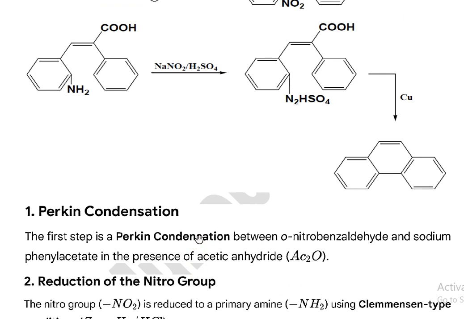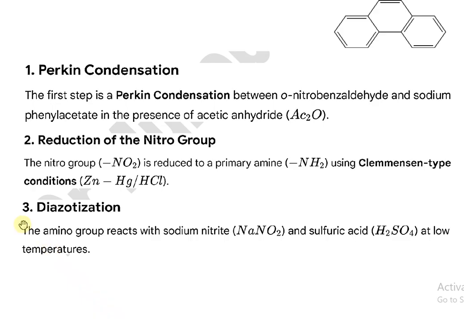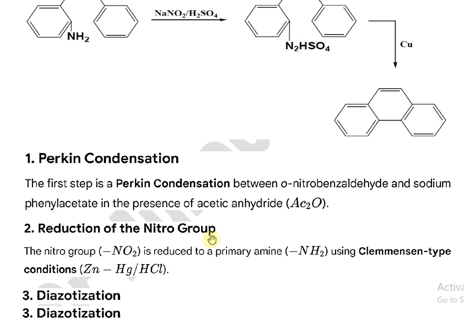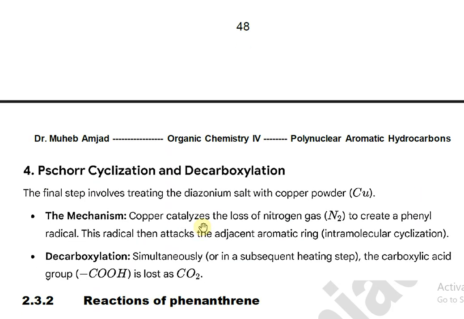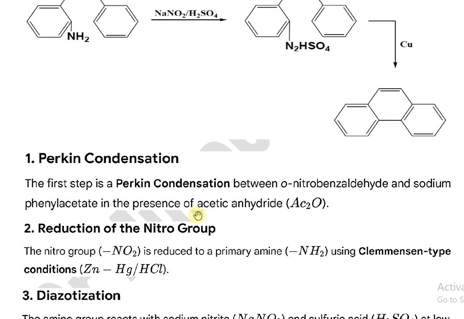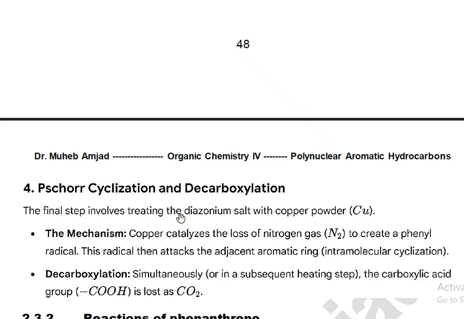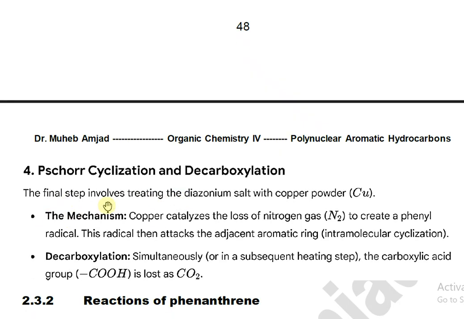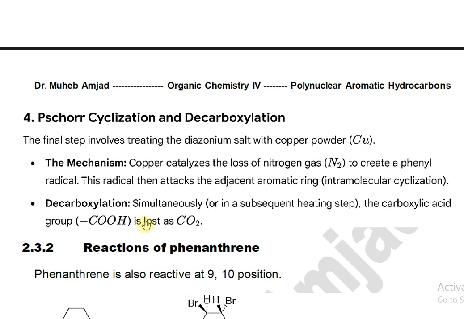And finally diazotization here, the amino group will be converted to the diazonium salt, and finally cyclization and decarboxylation here, cyclization and removal of CO2H. So the final step is treatment of the diazonium salt with copper powder here.